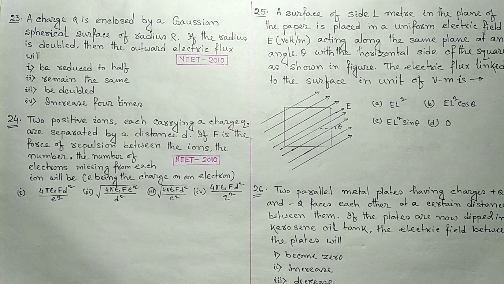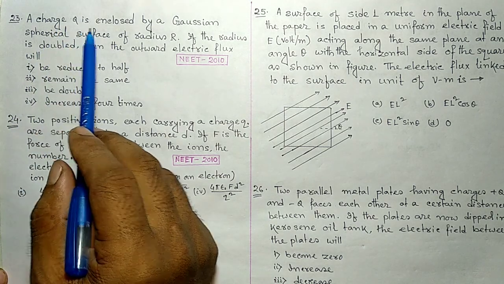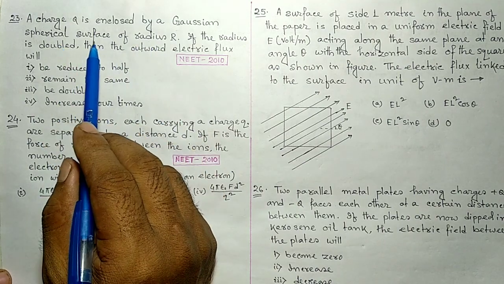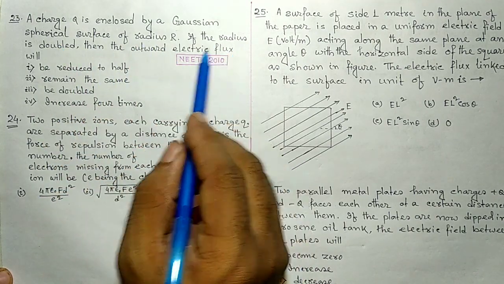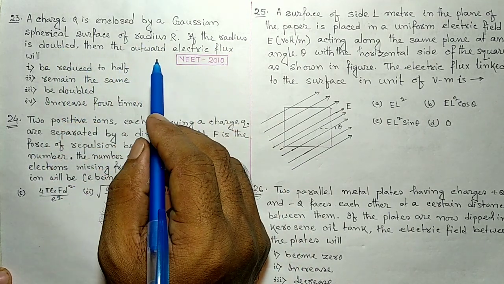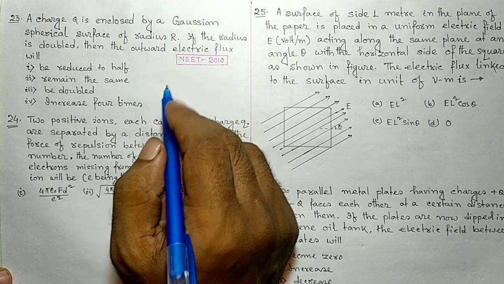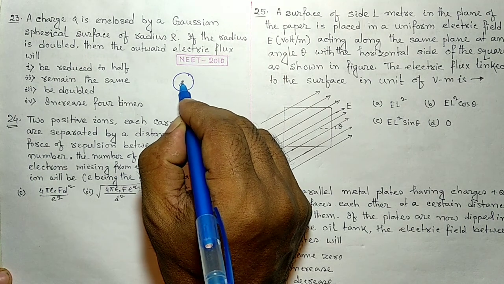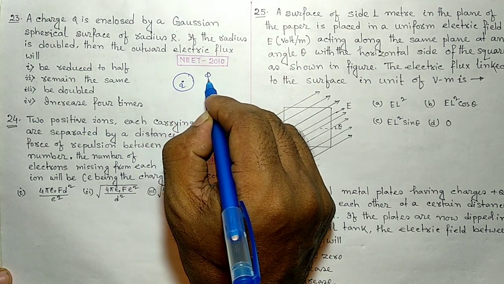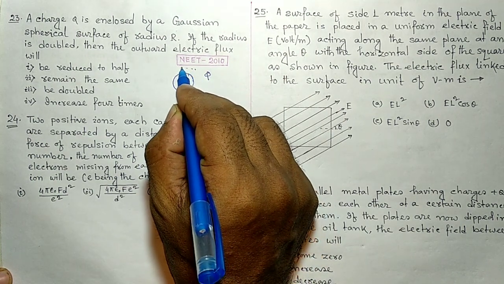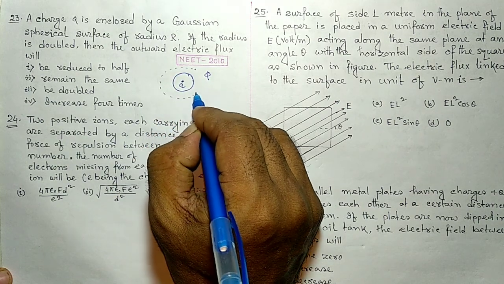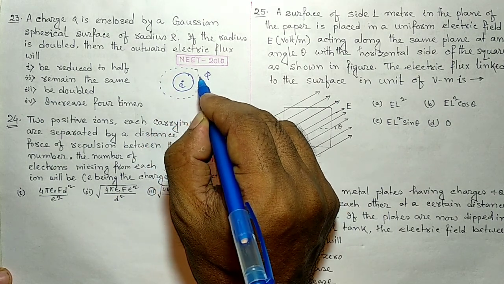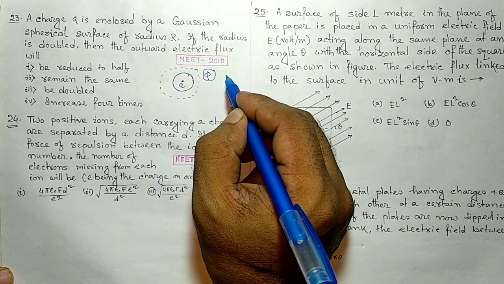Next question is question number 23. A charge q is enclosed by a Gaussian spherical surface of radius r. If the radius is doubled, then the outward electric flux will be? So consider a charge q present here, total flux is phi. If the radius r is doubled, then there is no change in flux.